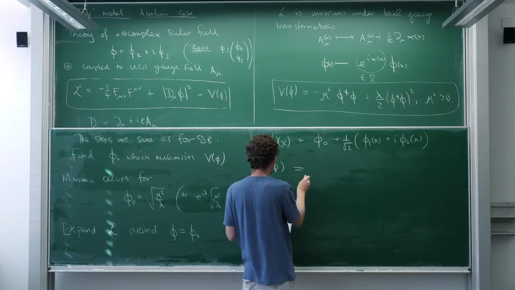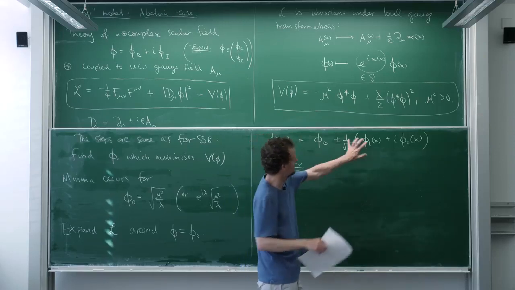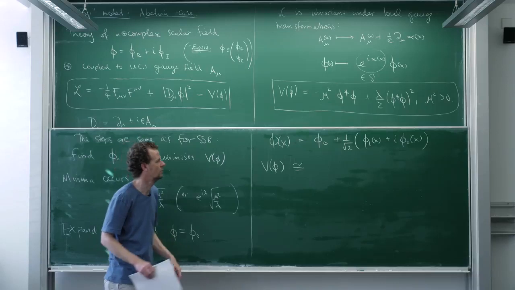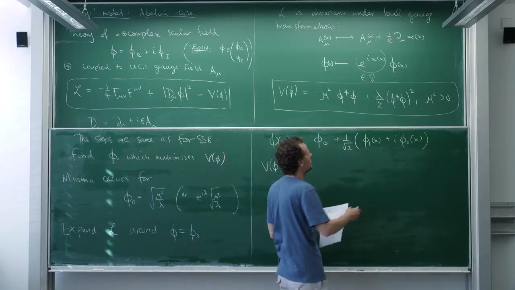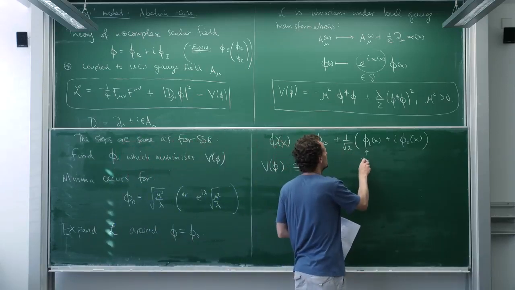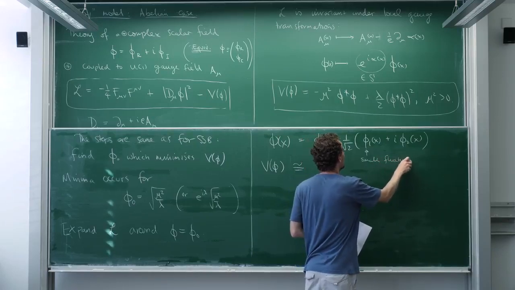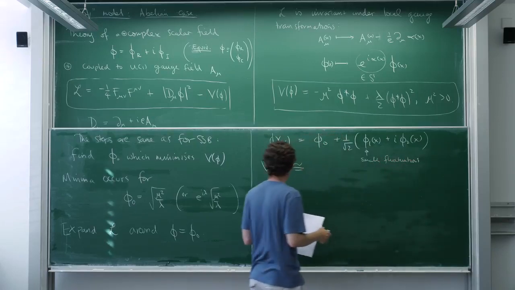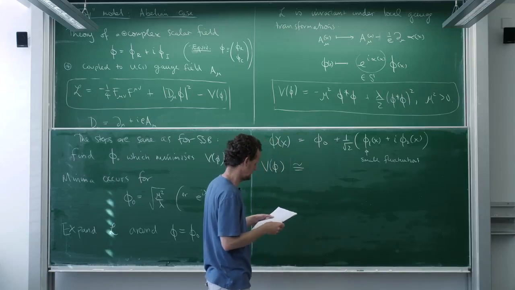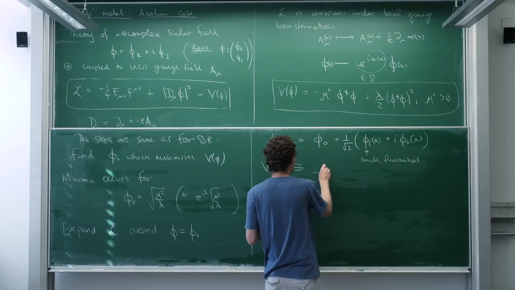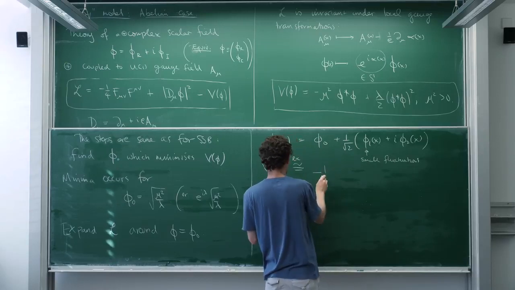Then we can expand this potential, just substitute the solution here, and keep things to low order in these phi's. So these are meant to be small. So then when you retain things only to order, say, phi cubed or something, then the potential has a very simple form. This is an exercise.